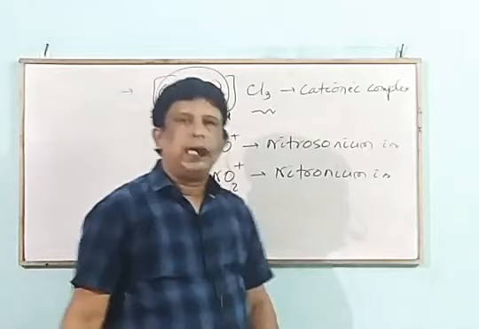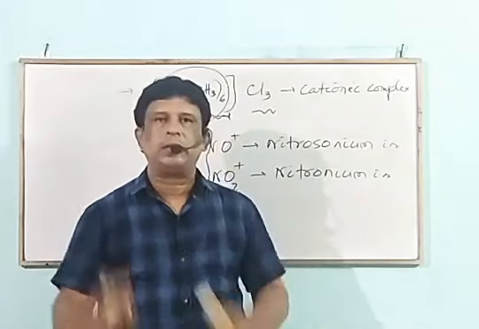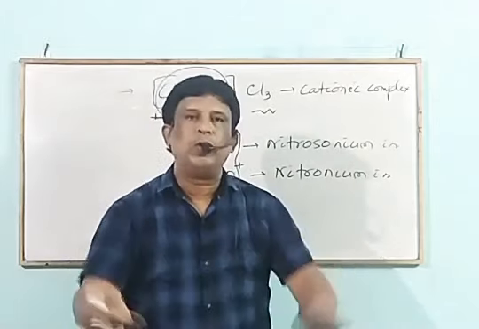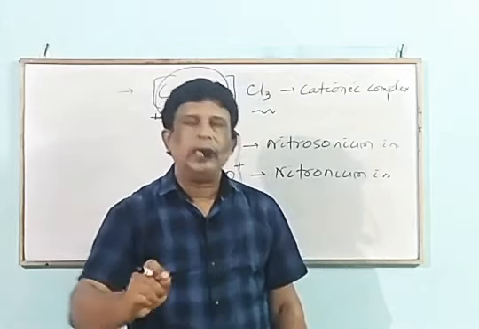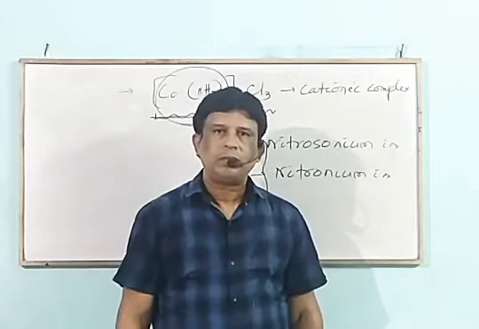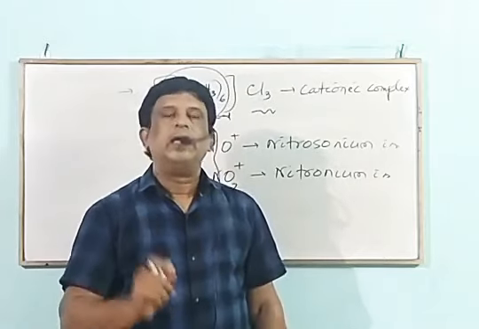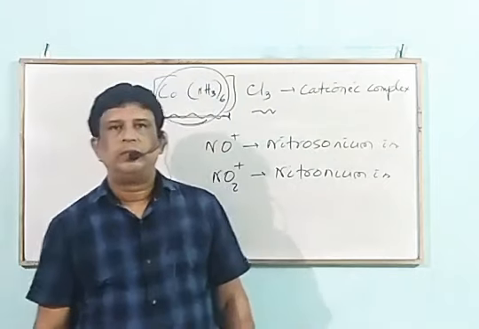Whatever the type of ligands, they are named alphabetically. If one type of ligand is repeated two or more times, then you use the prefixes di, tri, tetra, etc. The most important thing: di, tri, these are not included for checking the alphabetical order.